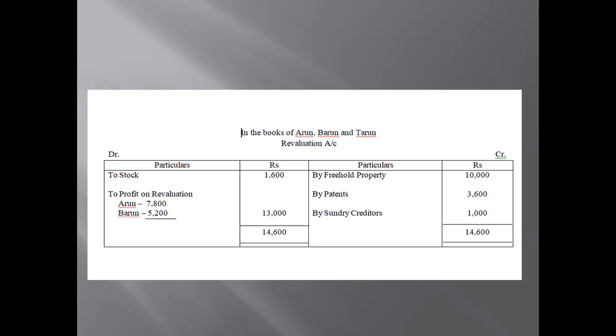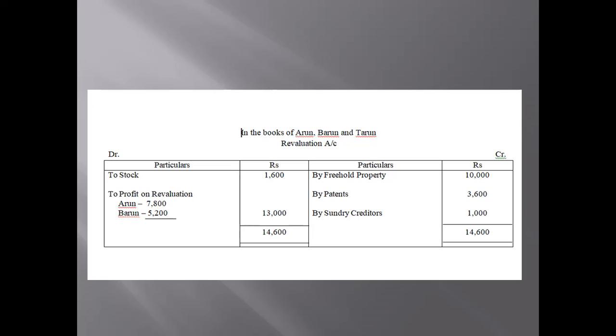Patents, we are writing for the first time because in the question it is mentioned that they have never appeared in the books before. So we have to write it now. But we will not write the goodwill, because goodwill we always do separately. In fact, goodwill doesn't come in the revaluation account.